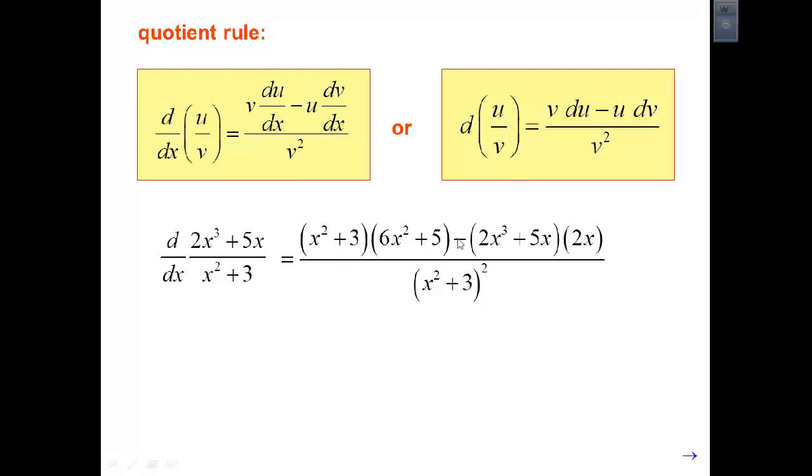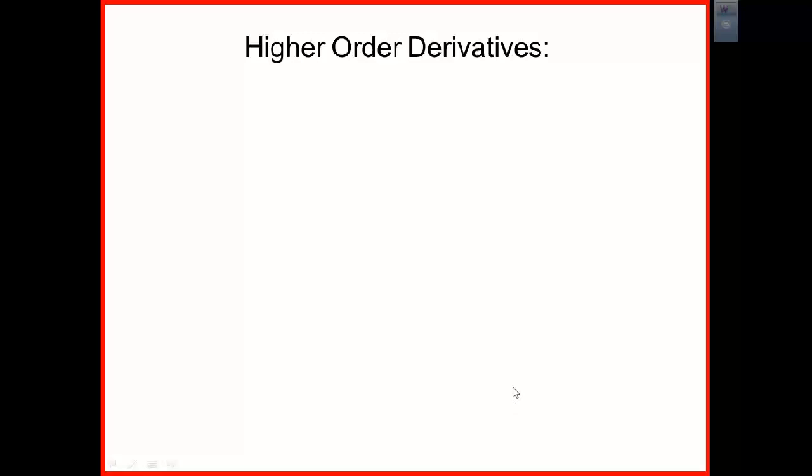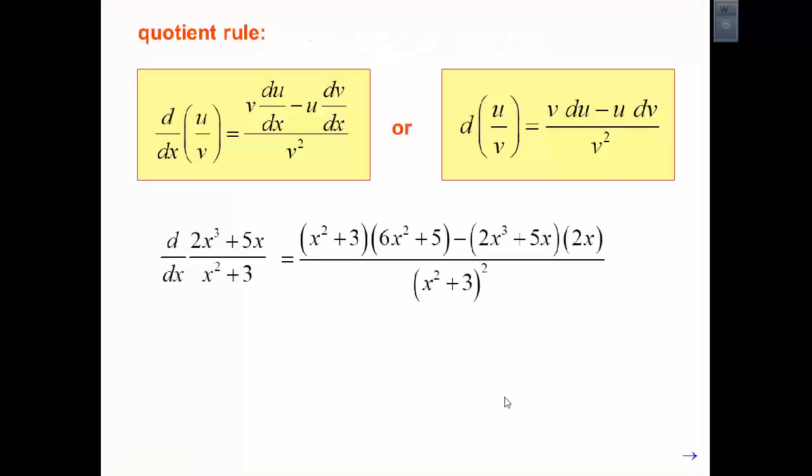Of course, you probably want to simplify a little on top, distribute, and combine like terms, but you don't always have to. You'd mostly need to simplify with a multiple choice question, where the answers are somewhat simplified. With a free response question, you could have stopped right there and you're perfectly okay.